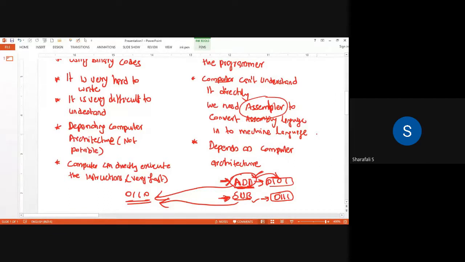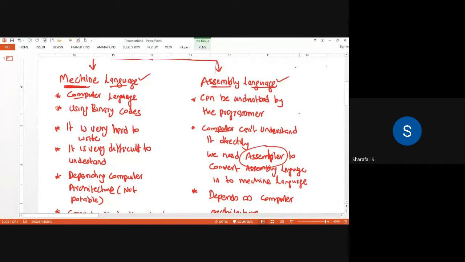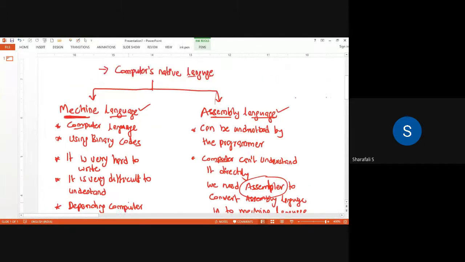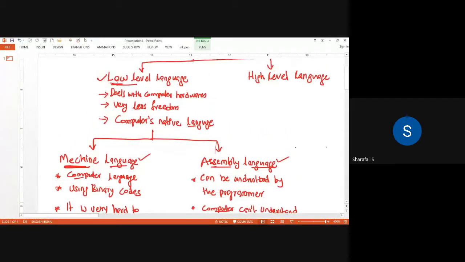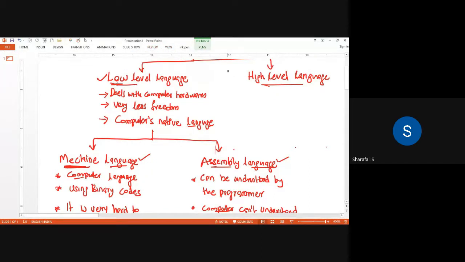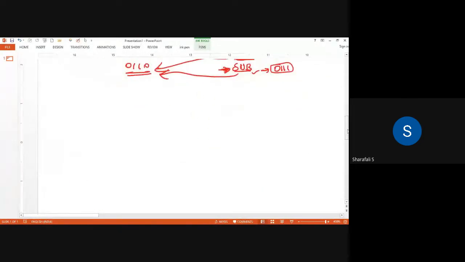In order to avoid these limitations, and to make programs easier to understand on the programmer's side rather than the computer's side, we have developed some other languages, which are called high level languages. So now we'll discuss these high level languages. That is the second type.